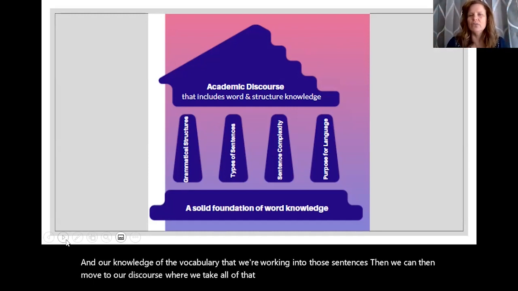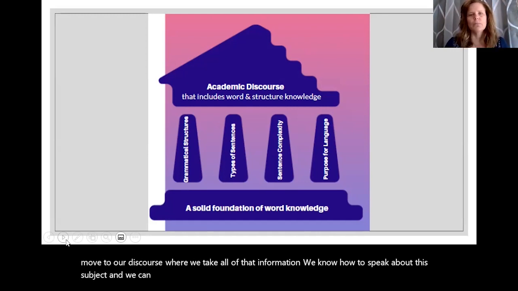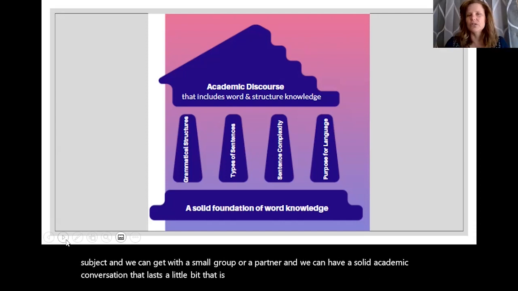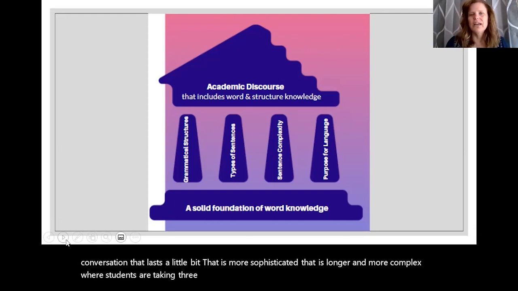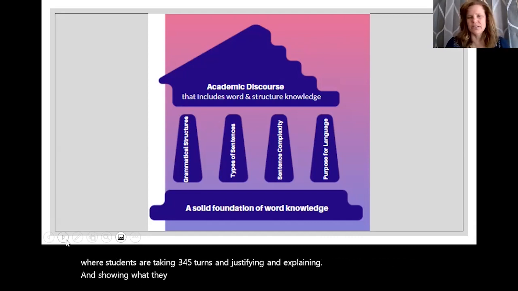We know how to speak about this subject, and we can get with a small group or a partner, and we can have a solid academic conversation that lasts a little bit, that is more sophisticated, that is longer and more complex, where students are taking 3, 4, 5 turns and justifying and explaining and showing what they know in a more sophisticated way. So that's our goal, is to move from our word knowledge.